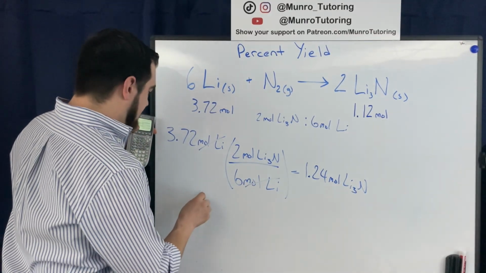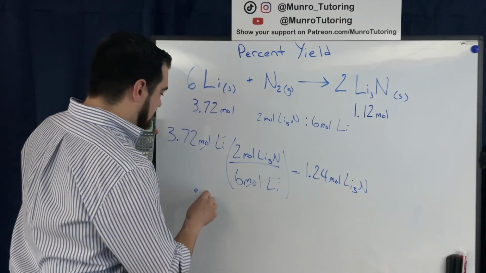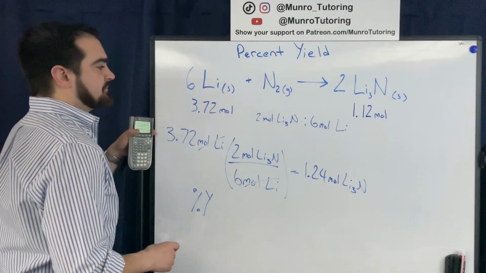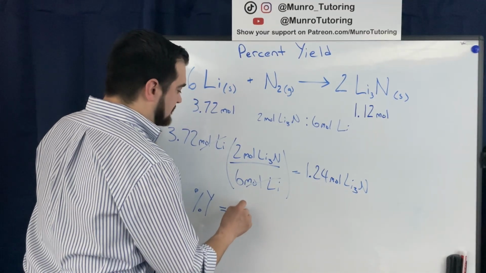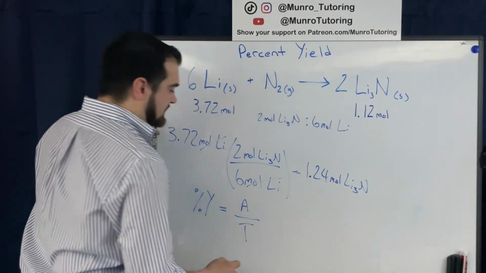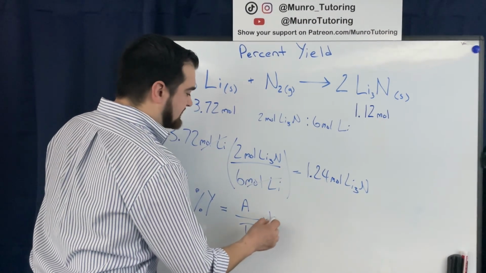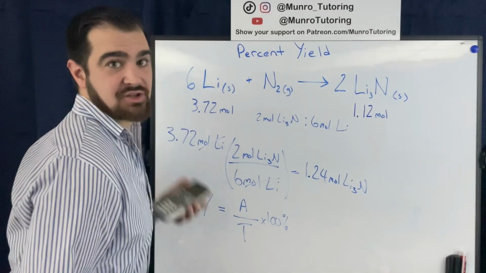So really, it's quite simple. I'm going to write over here, percent, a big Y for yield, is equal to the actual over the theoretical, and then times 100 in order to make it a percentage. That's it. It's super simple.